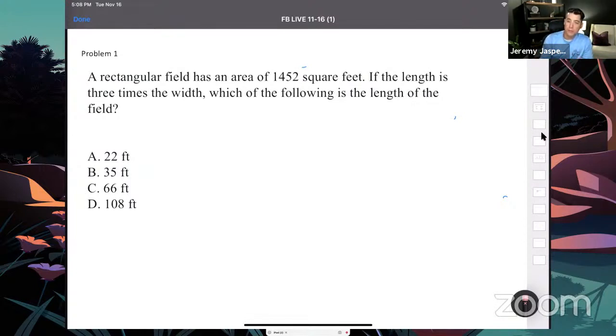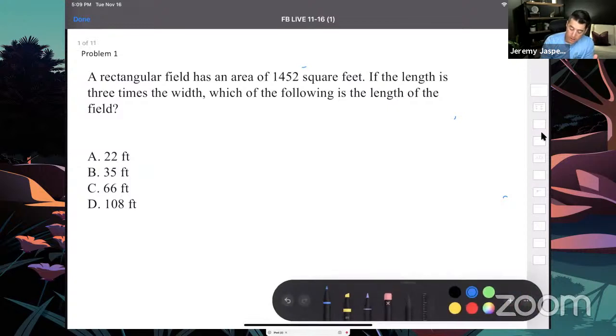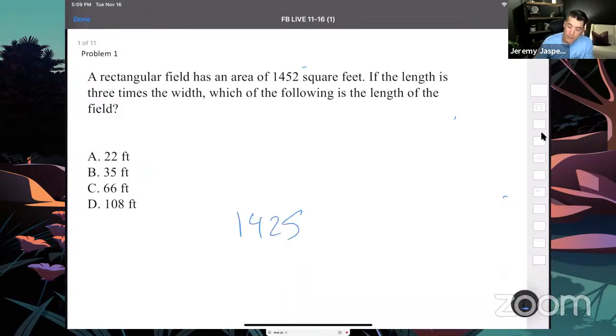This gets you used to transferring or transposing what's on the screen to your paper, because with 1,452, sometimes people in a fit of dyslexia, they may do 1425. It happens all the time, and you've got to be careful.